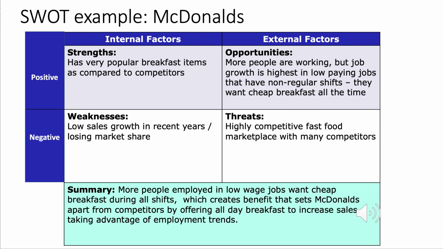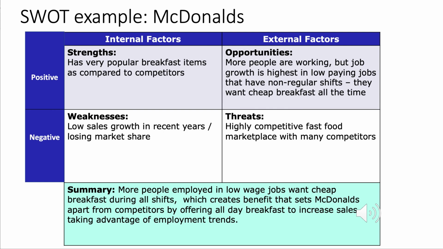Its opportunity is that more people are working, but job growth is highest in low-paying jobs that have a non-regular shift. People who work in these jobs want cheap breakfast all the time. These employment trends are external factors. The threat is that it is in a highly competitive fast food marketplace with many existing and emerging competitors, which are external factors.